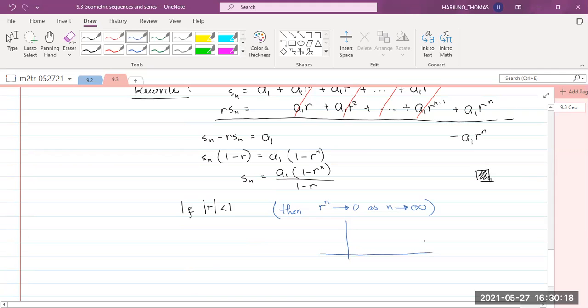If the magnitude of r is less than 1, then the function r to the x will look like this. Now when x goes to infinity, the y value will be 0.